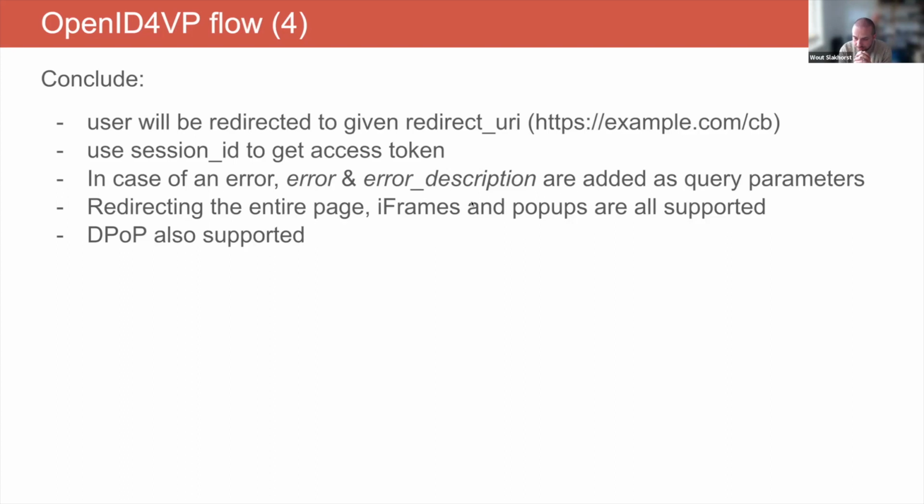In the end, the user will be redirected back to the redirect URI you gave via the API. You use the session ID to get the access token. In case of an error, you will get an error and error description as query parameters to your original redirect URI.